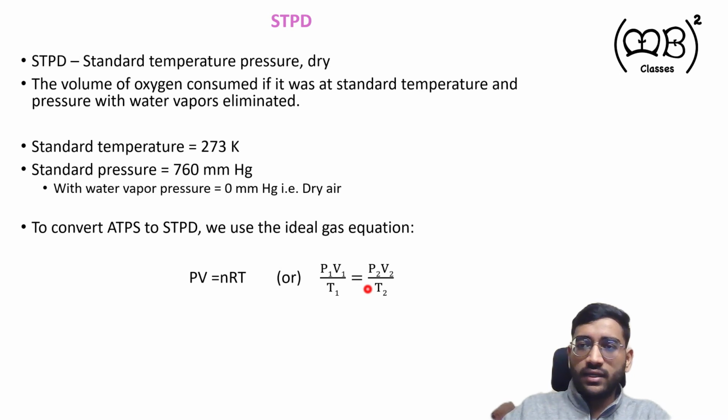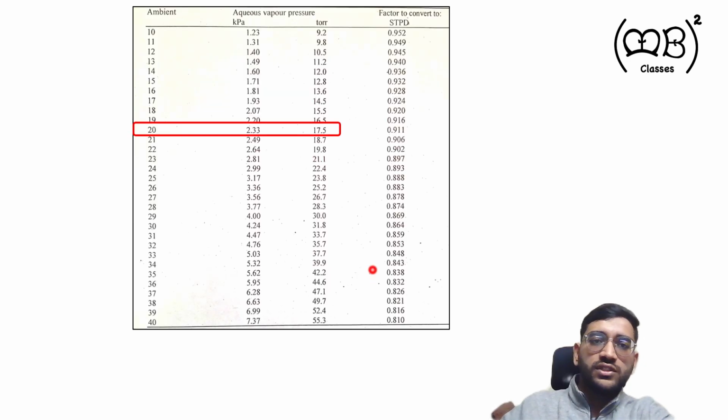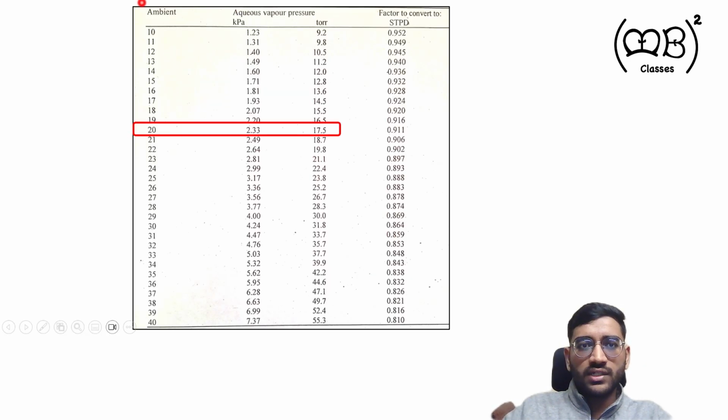And the temperature would be the ambient temperature but in Kelvin. So we had a recording of 20 degrees Celsius. So in Kelvin it would come out to be 293 Kelvin. And the pressure is the barometric pressure in the lab minus the water vapor pressure. So I need the water vapor pressure, which we can get from these ATPS to STPD conversion charts. The ambient temperature was 20 degrees Celsius.